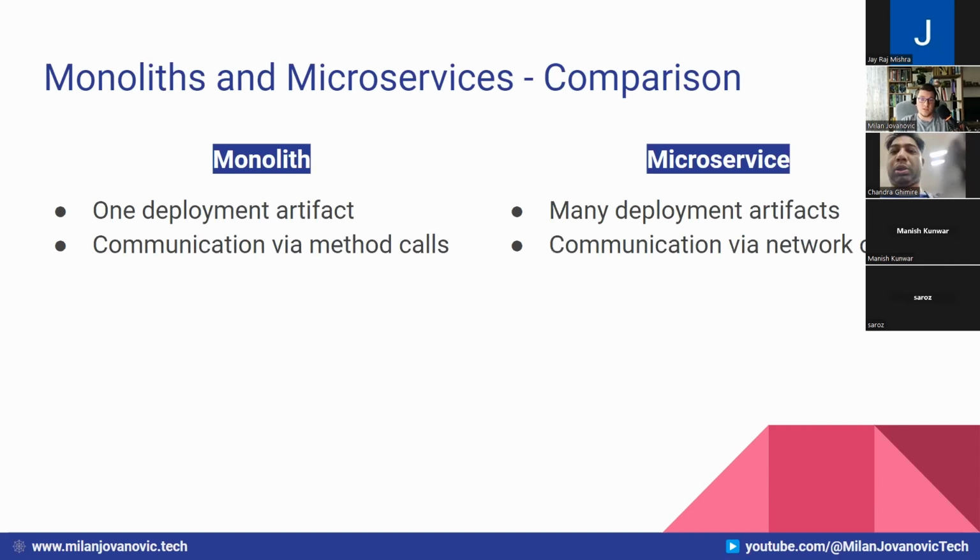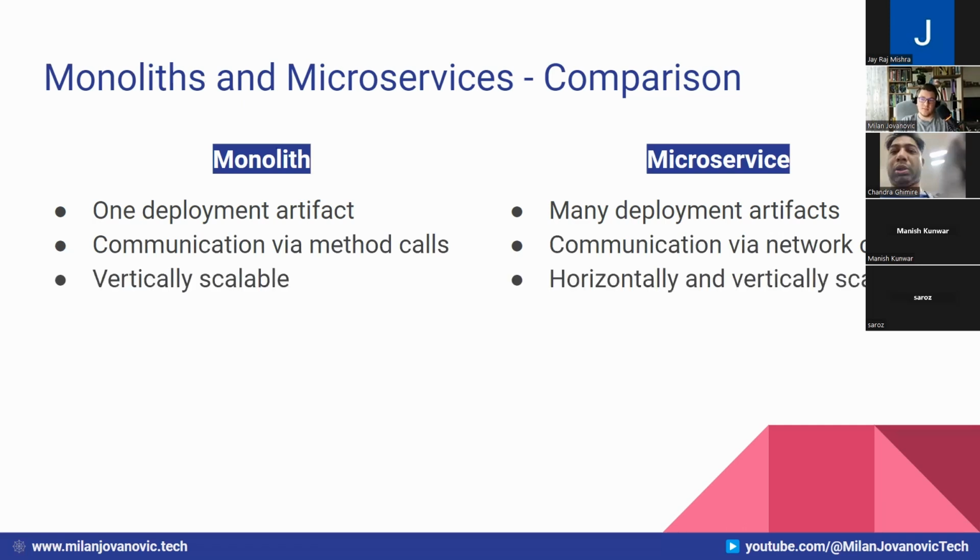When it comes to communication, in a monolith, you have simple method calls. And in microservices, you have these complex and unstable network calls. And if you think about the fallacies of distributed computing, it should be obvious why network calls aren't really ideal.